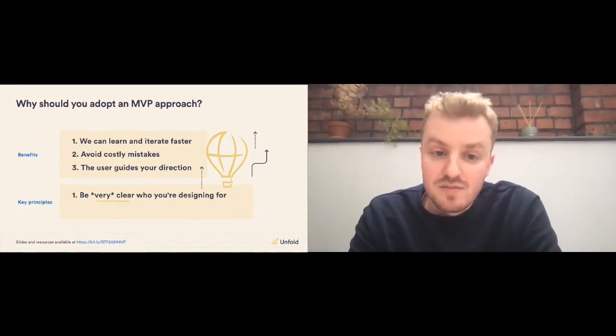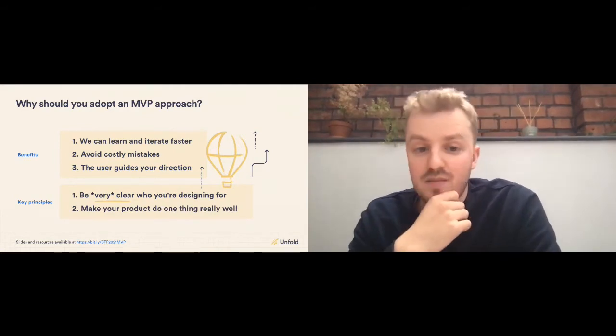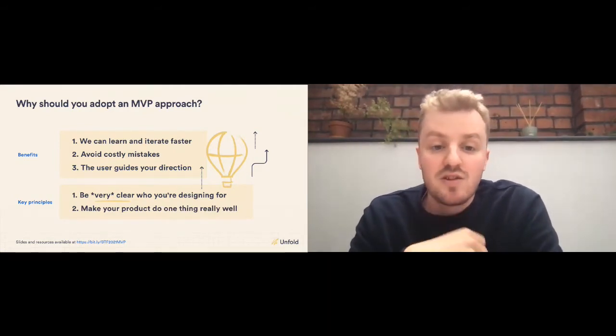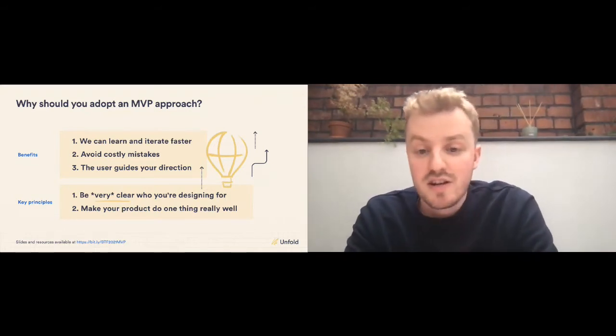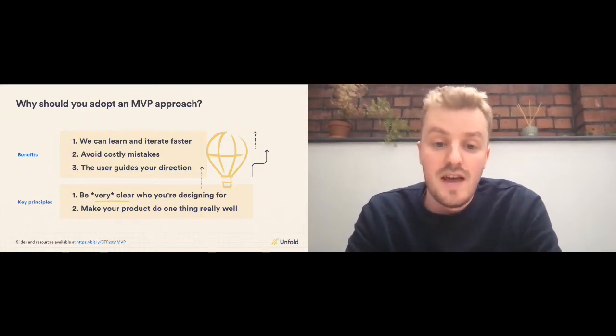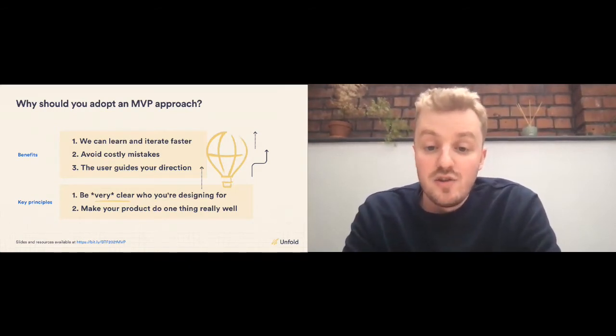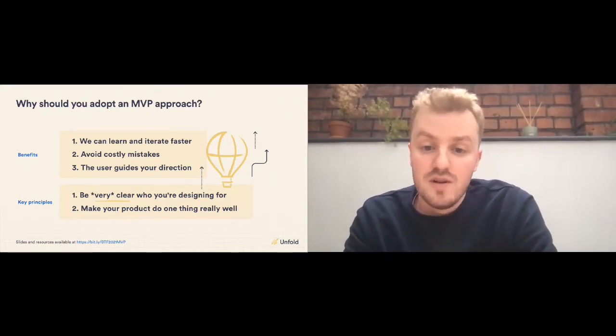And the last key principle, before we move on to talk a bit more about process and prototyping, is to make your product do one thing really well. Because if you have a really good idea of who you're designing for and have a very clear idea of the problem that they have, then you can produce a solution which is really pinpointed at solving that problem.